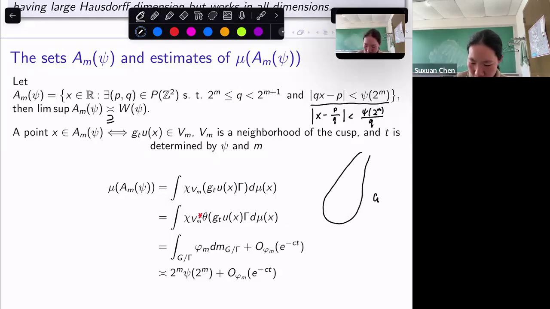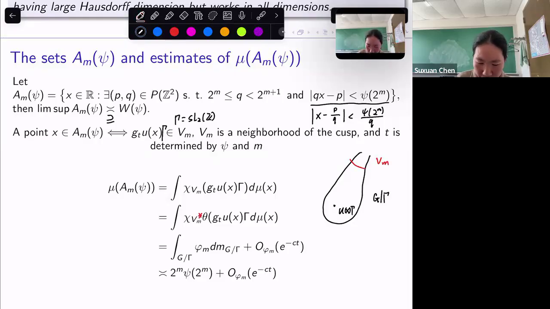Consider the homogeneous space G mod Gamma. Oh, yeah, sorry, there should be a Gamma here. Gamma is equal to SL_2(Z). So we have u_x Gamma, and V_m is a cusp region.